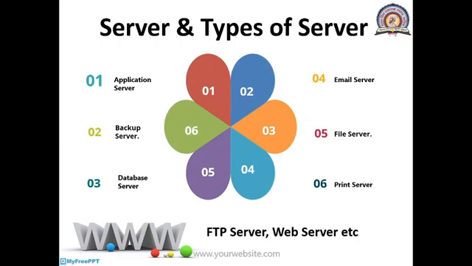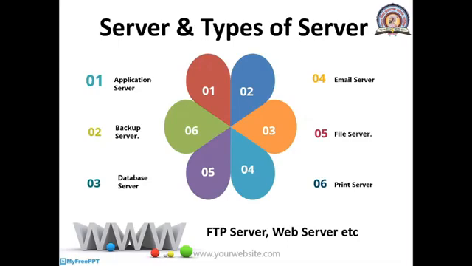Then file server, that is, data is organized in terms of files, and data is transferred in terms of files only. Then print server is there, that is, the printer is managed among multiple systems by this print server.